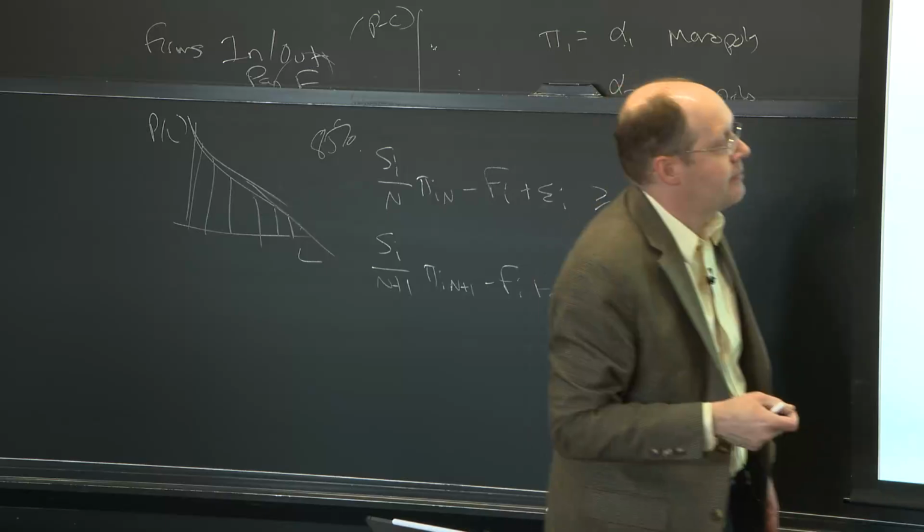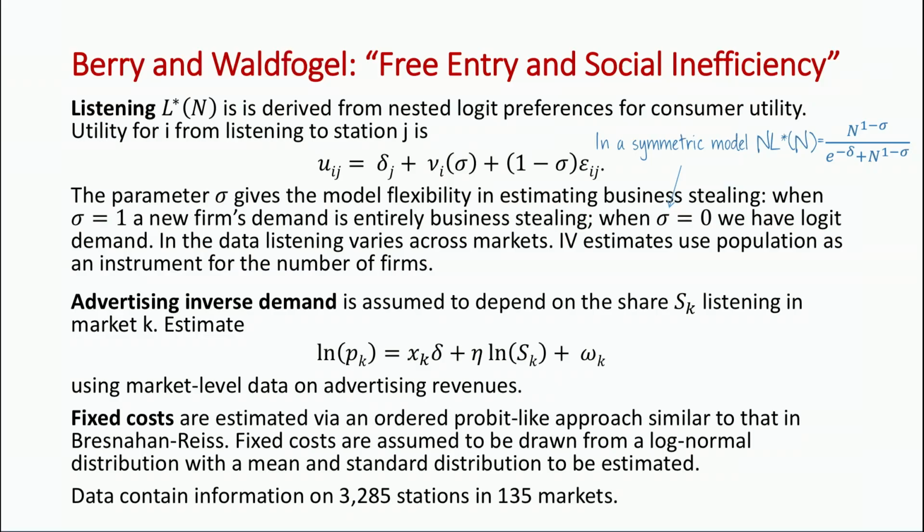The other extreme, sigma equals 1, is where the idiosyncratic shock goes away and it's all the common shock. Then it's 100% business stealing. If you only have common shocks, and the idiosyncratic things are essentially 0, you add a new station and it just pulls people away from the other stations, but only the people whose v i are big enough to overcome delta will listen to the radio regardless.